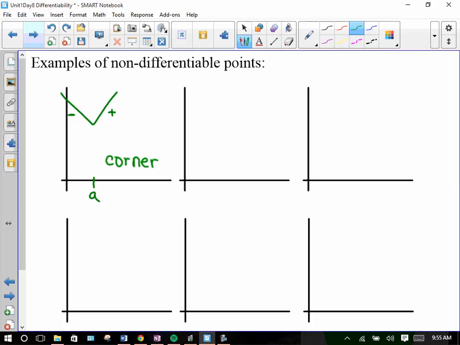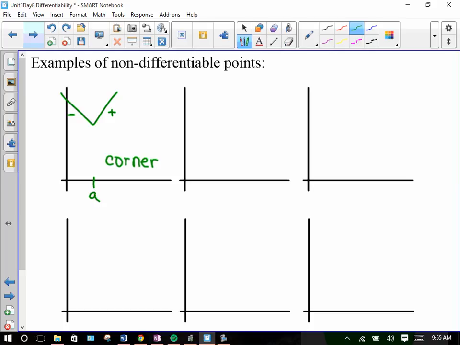Now, it's not always going to be a corner that's cut and dry, looking like an absolute value. Another one that you can have is what we call a cusp.